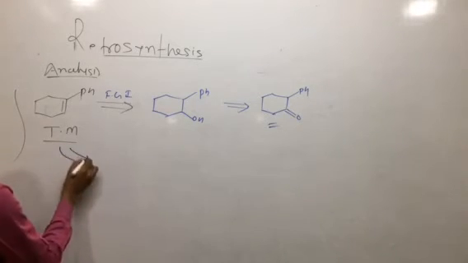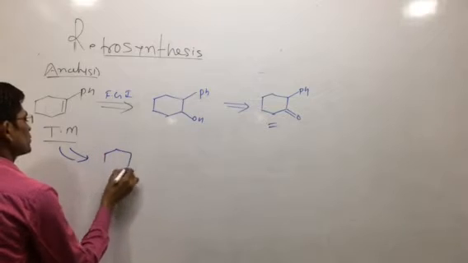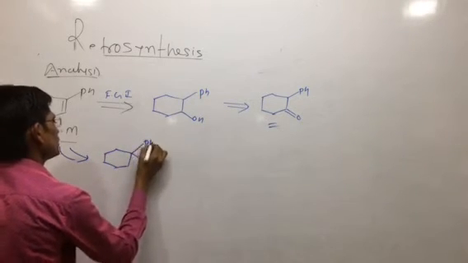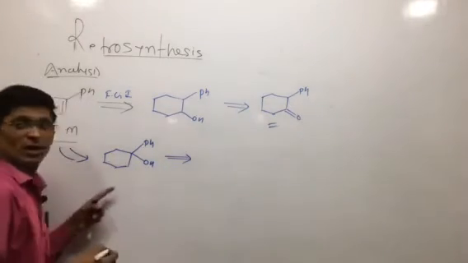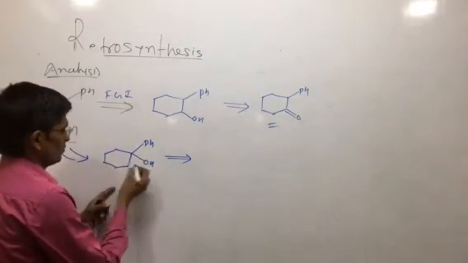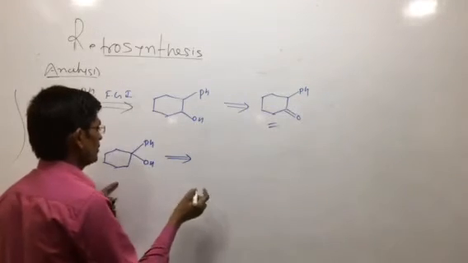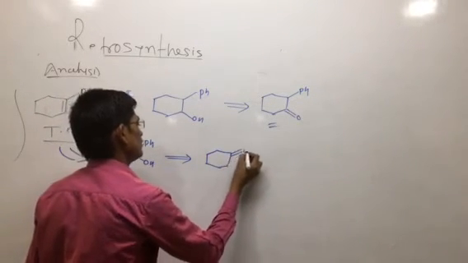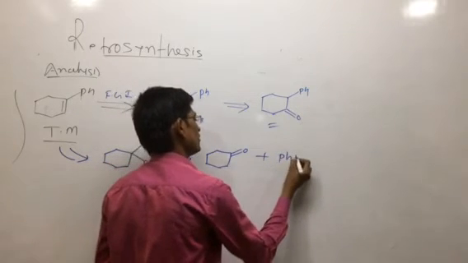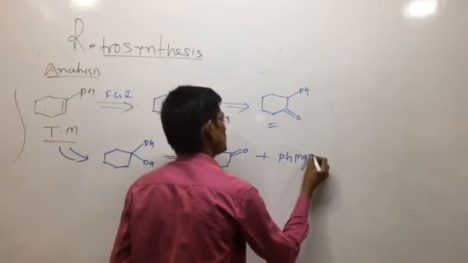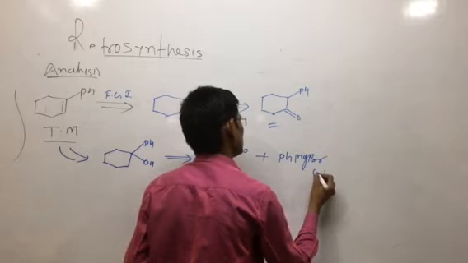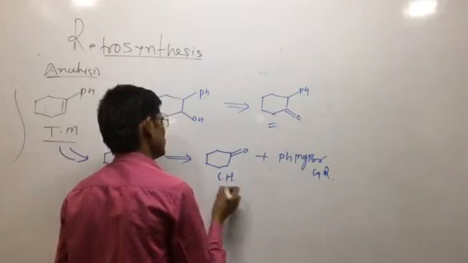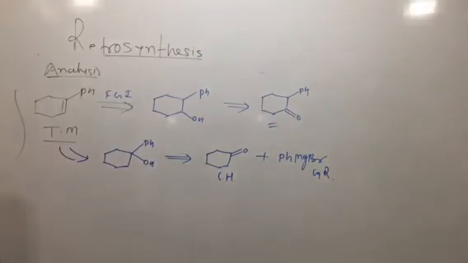If there is another type of retro analysis plan, if I have this OH, this Ph, then this alcohol is obtained. Again, this ketone plus PhMgBr. This Grignard reagent is prepared, cyclohexanone. So these are the analyses.